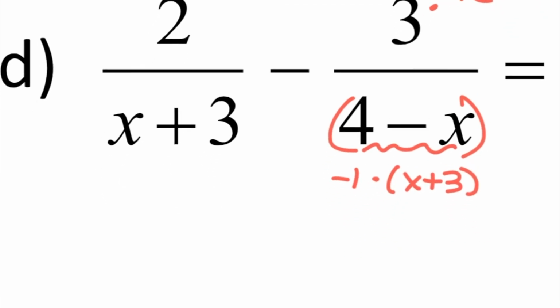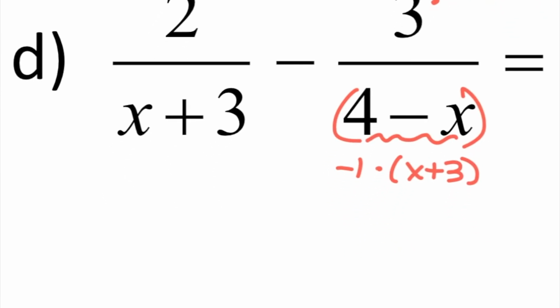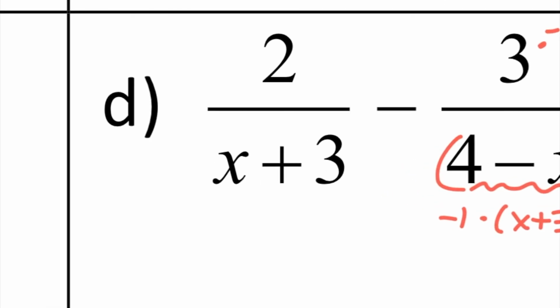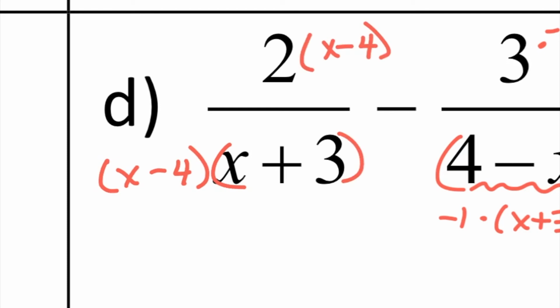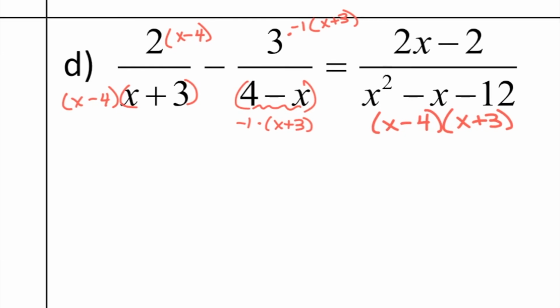And over here, I'm going to multiply by the x minus 4 and x minus 4. And see that the only place that you need to use the -1 then is here, because this is the only place where the denominator has 4 minus x and not x minus 4.